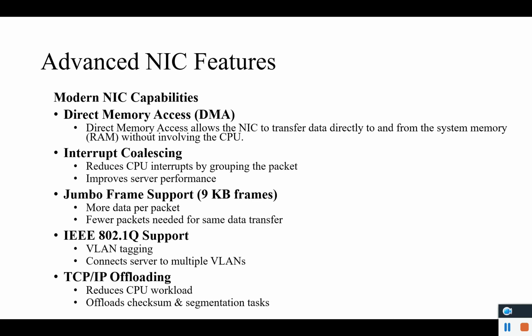This means these tasks are handled by the NIC hardware instead of the CPU. As a result, CPU load is reduced, application performance improves and server efficiency increases. This is very useful in high performance environments such as virtualization, cloud data centers, and so on.